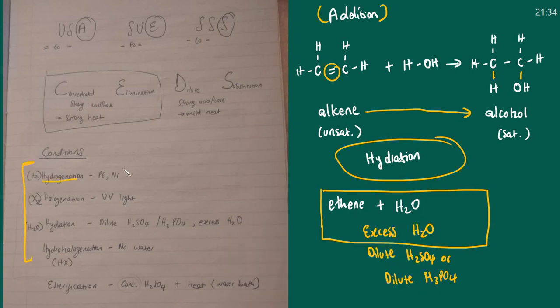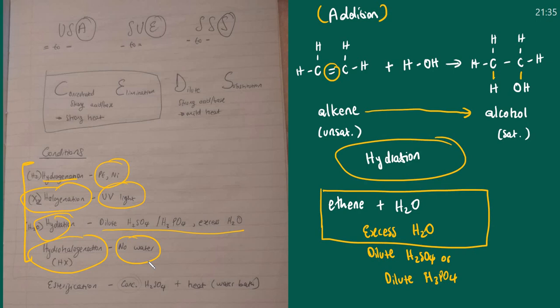For hydrogenation, we need platinum or nickel. For halogenation, we need UV light. For hydration, you need dilute acid. For hydrohalogenation, you don't need to put water. Okay, and you should be okay. Those are the conditions that, unfortunately, we must know by heart. There is no way they're gonna be given to us. We must just know them, right?